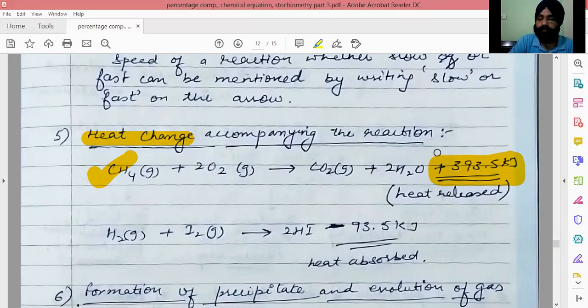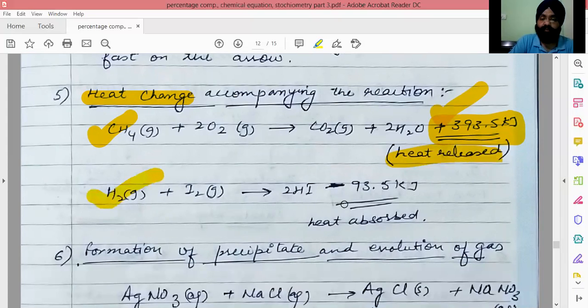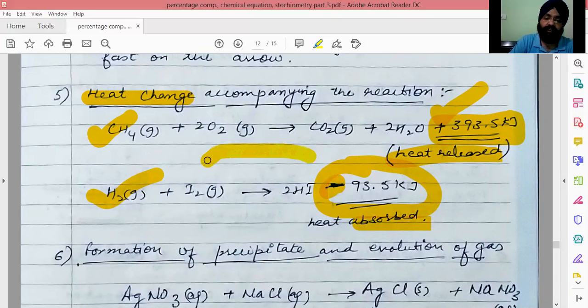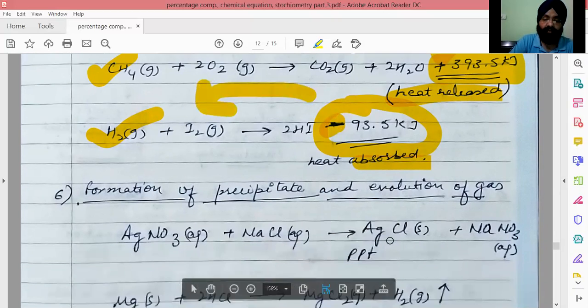It means it is produced as a product. So heat is released during the reaction. Now in the second reaction, a value is given in negative. That means it is used. It is not produced, it is used. So energy is absorbed in this reaction. So if we want to write it in positive, we can write it inside of reactants.